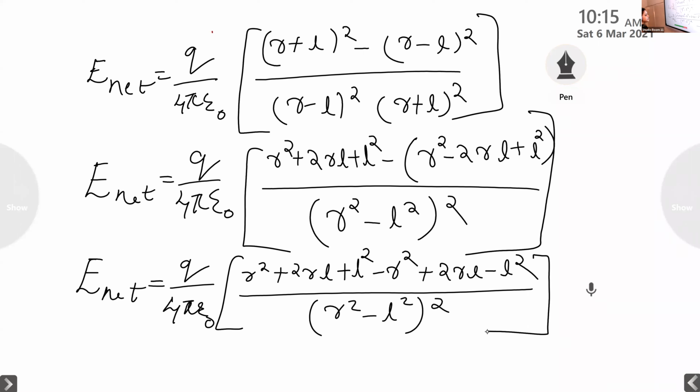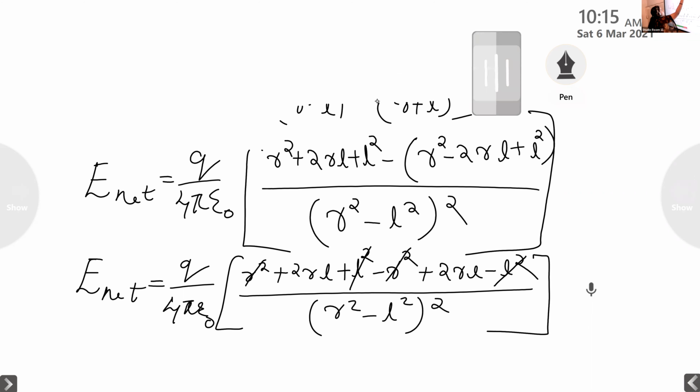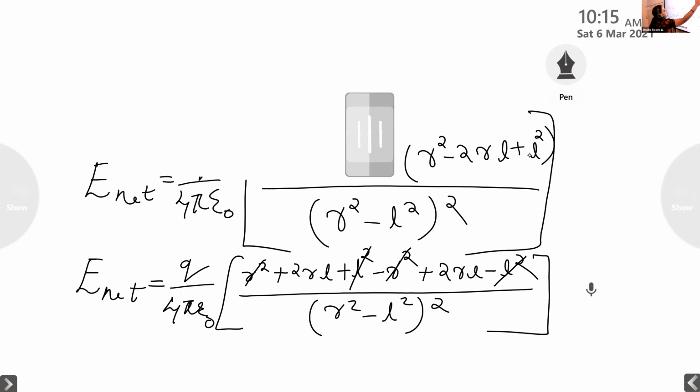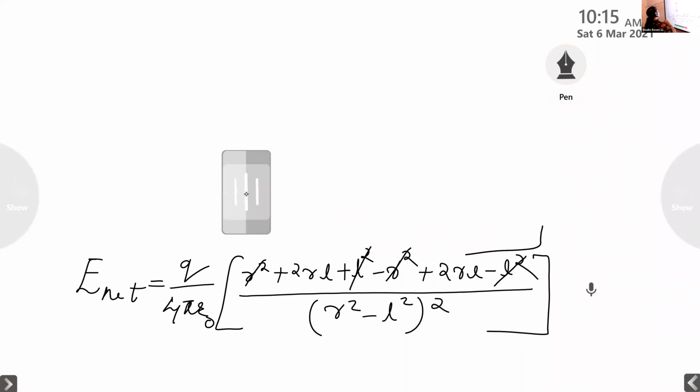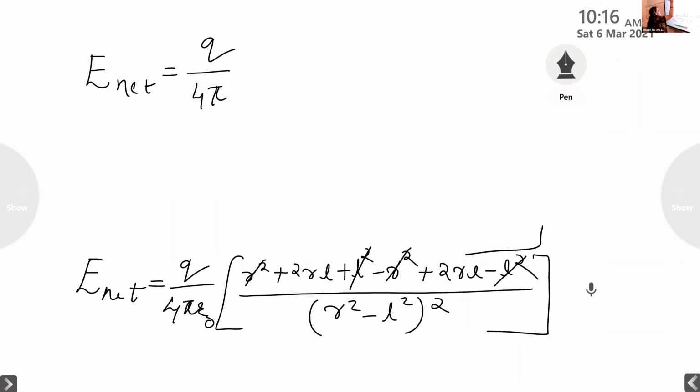Now we can cancel some terms. Here there is a positive R square and a negative R square, positive L square and negative L square. Then what happens to our net electric field? E net is equal to Q divided by 4 pi epsilon 0.